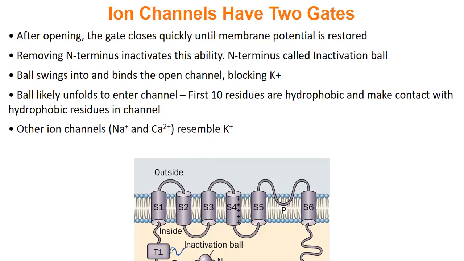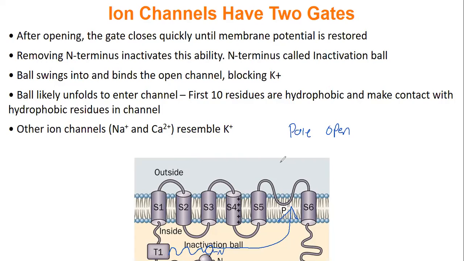It's a squiggly and then a ball. At the end terminus of this channel, we have what's called an inactivation ball. When the pore is opened, the inactivation ball swings into the pore and physically plugs the hole.